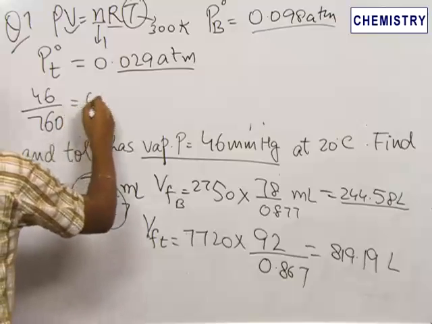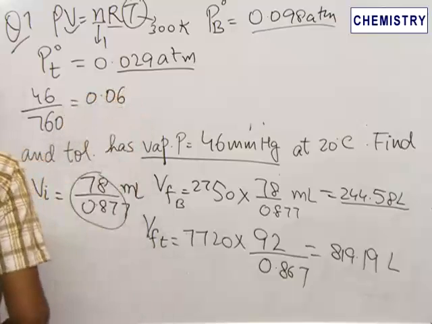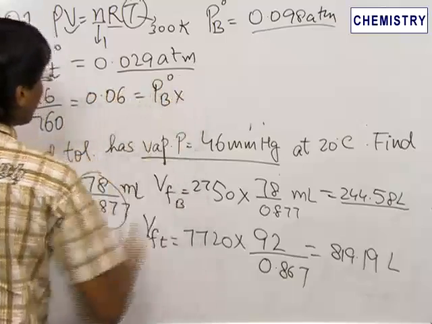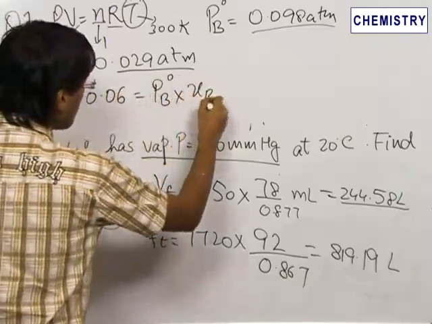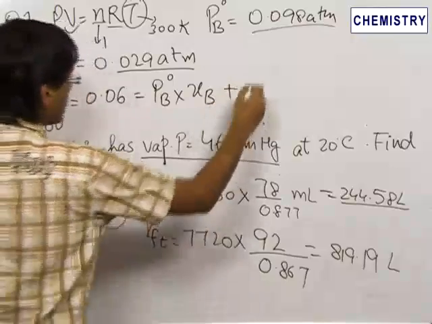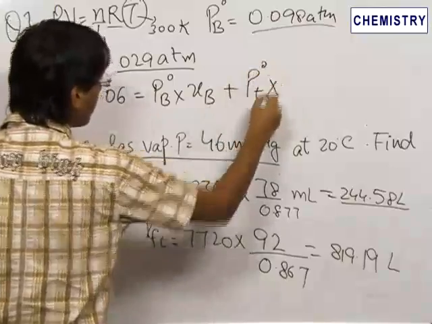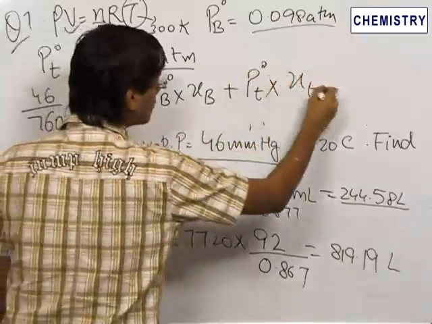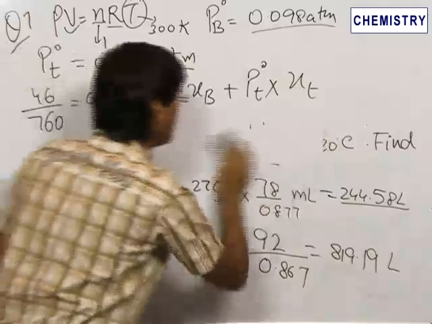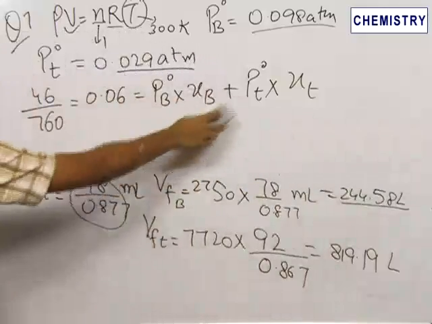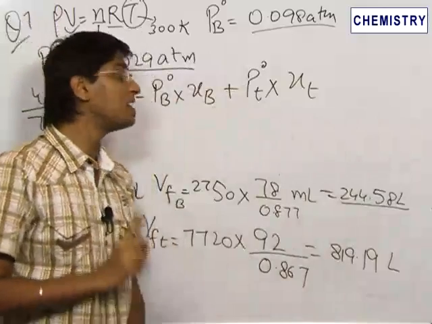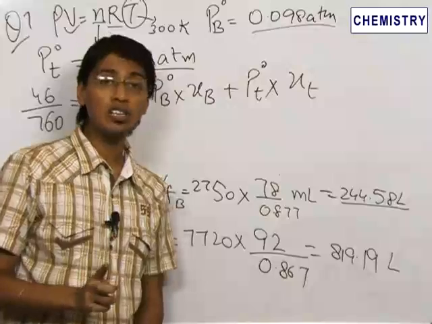So this is equal to 0.06, and this is equal to PB naught times the mole fraction of benzene in the liquid solution plus PT naught times the mole fraction of toluene in the liquid solution. Mind you, this XB and XT, as we did earlier, are the mole fractions of benzene and toluene in the liquid solution and not in the vapor state.